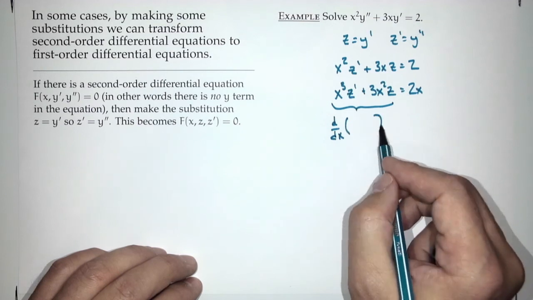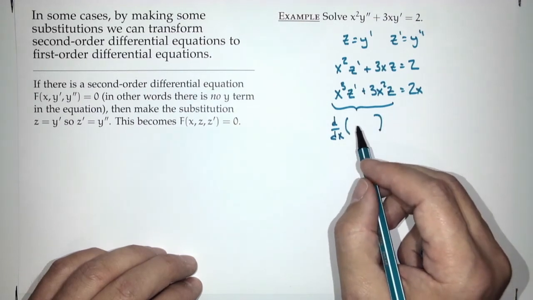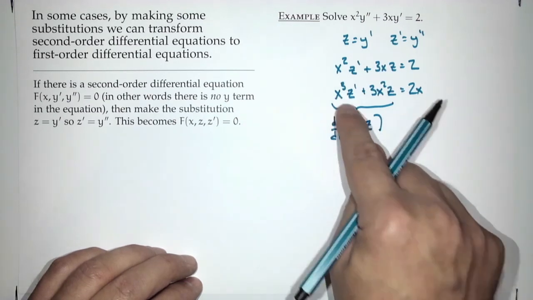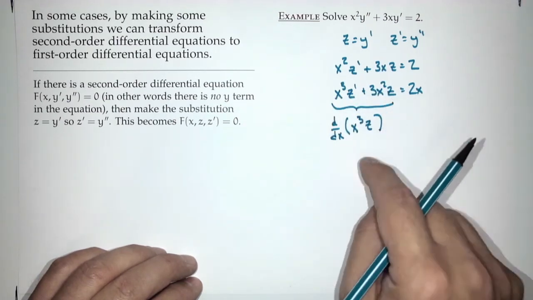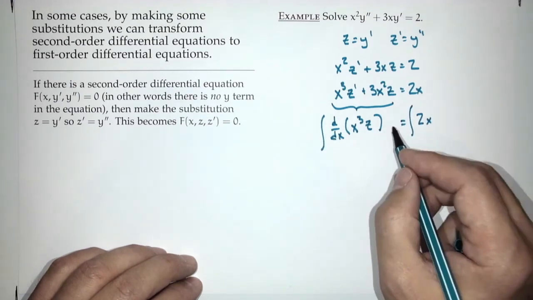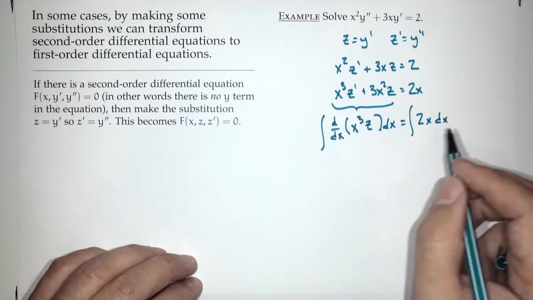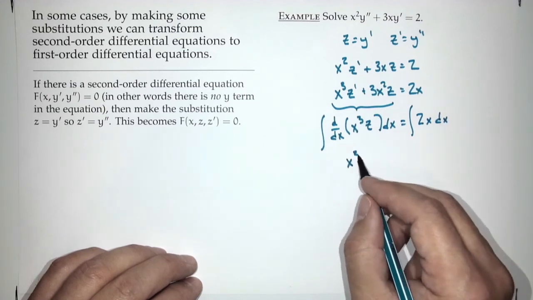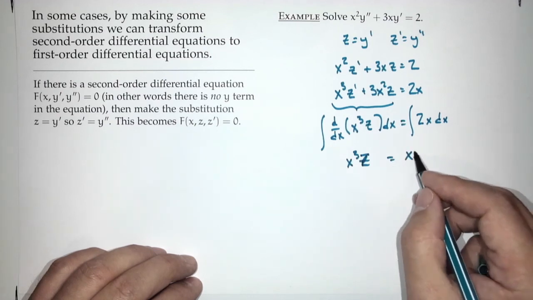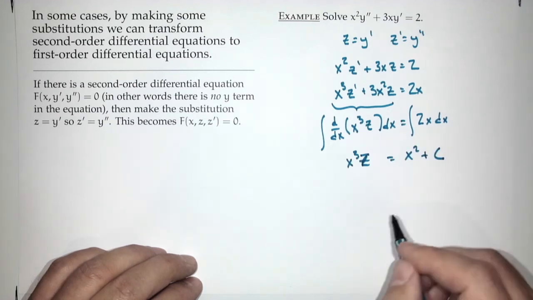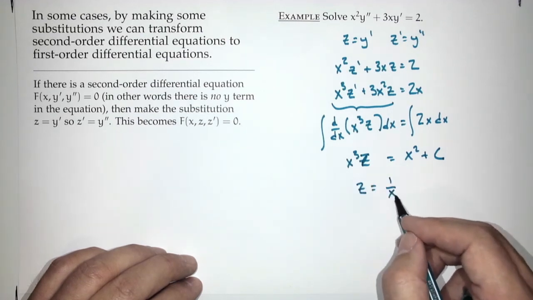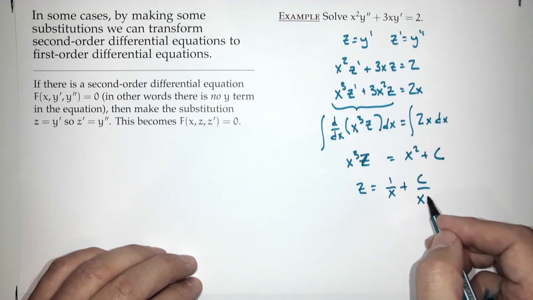Can you see what it would be? x cubed z: derivative of the first times the second, plus the first times the derivative of the second. All right. Integrate both sides. What do we get on the left? x cubed z. What do we get on the right? x squared and c. Okay, so we get z is 1 over x plus c over x cubed.